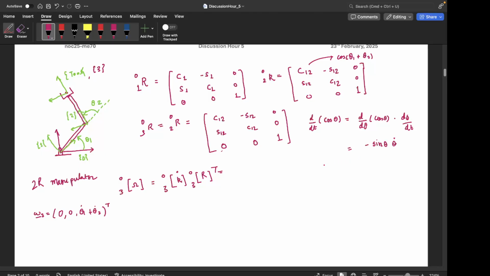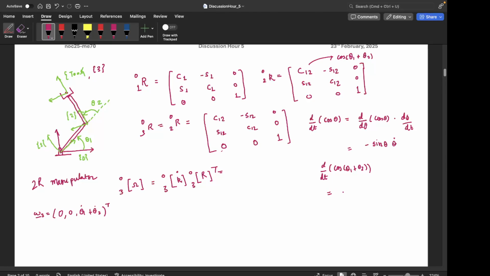So similarly, d by dt of cos of theta 1 plus theta 2 would be written as follows.